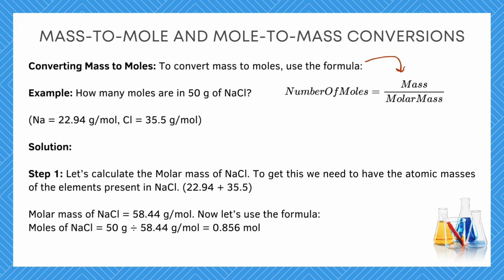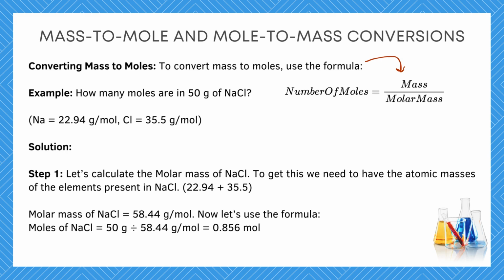And then chlorine has 35.5. So according to the formula, it is Na plus Cl. When we add the two of them together, they give us 58.44 grams per mole. That is the molar mass of sodium chloride, NaCl.